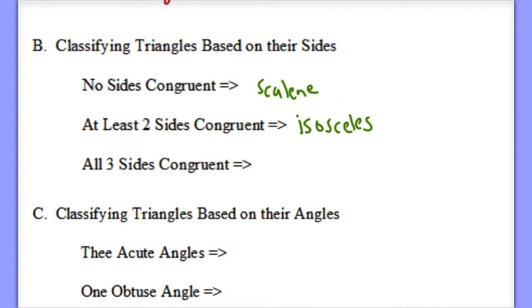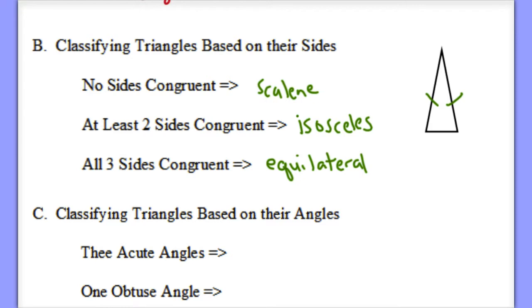So let me get an isosceles triangle for us here. So here I would have my sides marked as congruent. And if all three sides are congruent, then we call our triangle equilateral. Equa for equal, lateral for side.